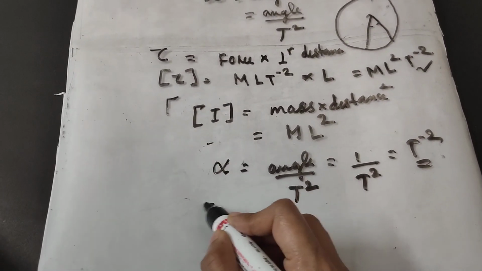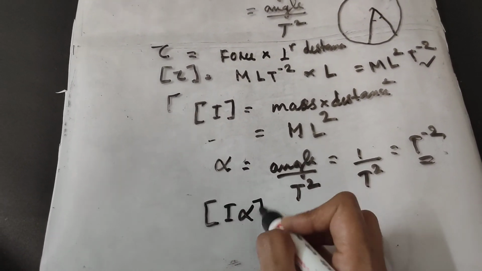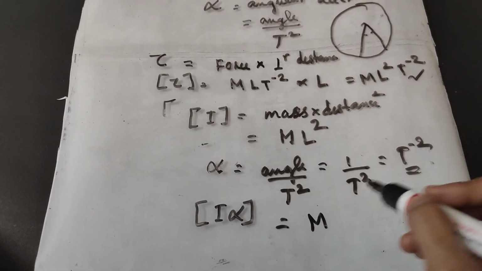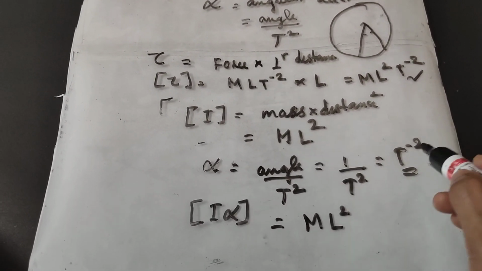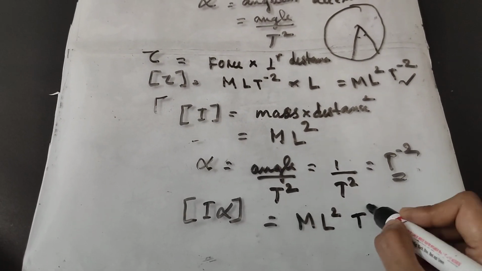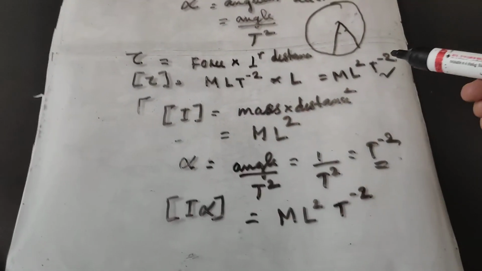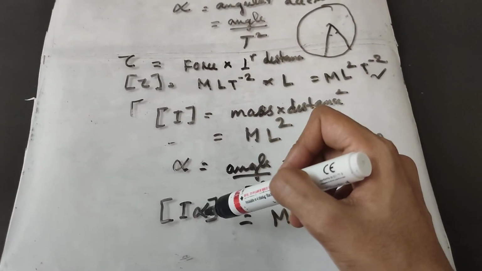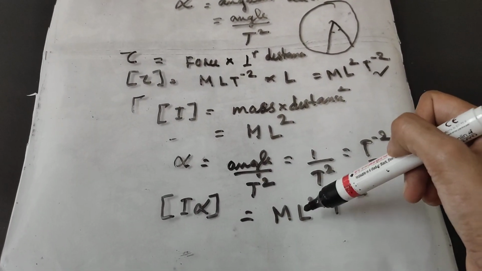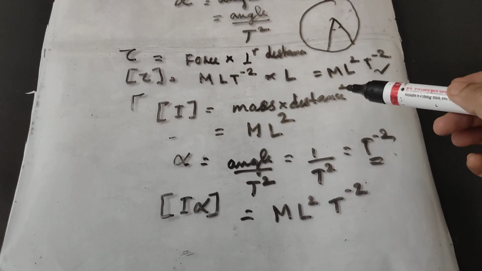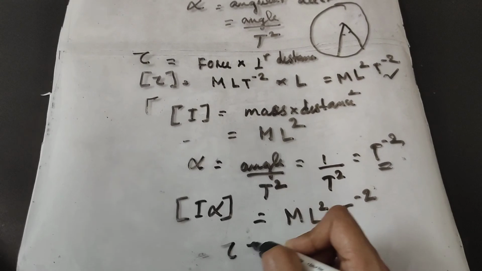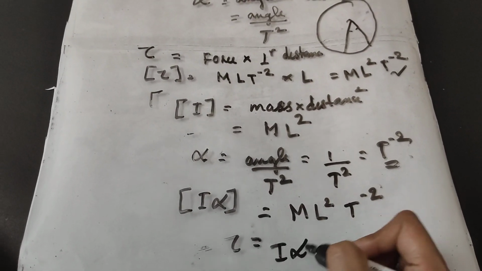Now we can find the dimension of I alpha. It is ML square times T raised to minus 2. So see, the dimension of torque is ML square T raised to minus 2, and the dimension of I alpha is also ML square T raised to minus 2. So we can say that this equation tau is equal to I alpha is dimensionally correct.